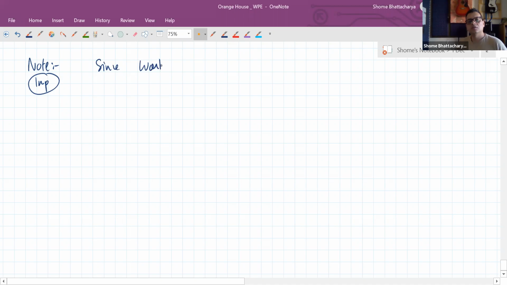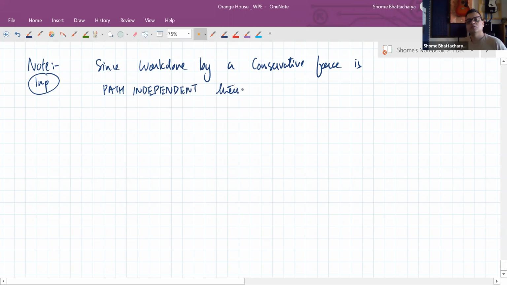Since work done by a conservative force is path independent, therefore the work done in what we call a round trip must be zero.